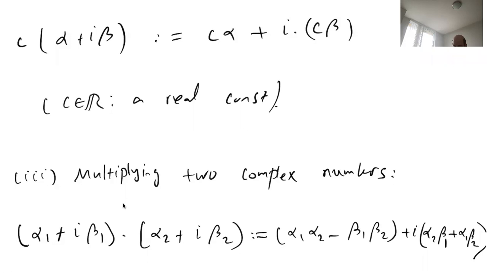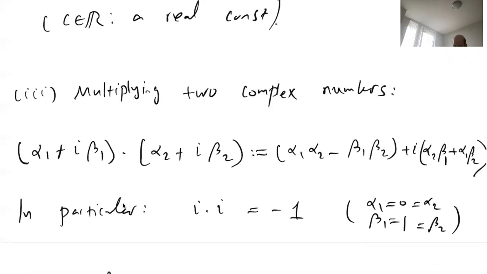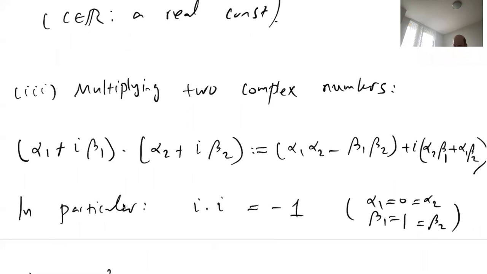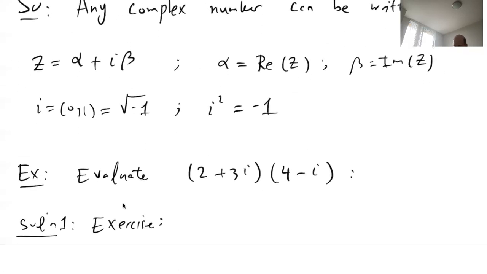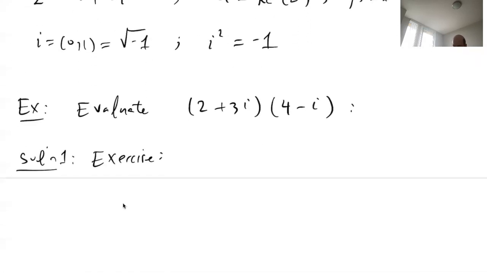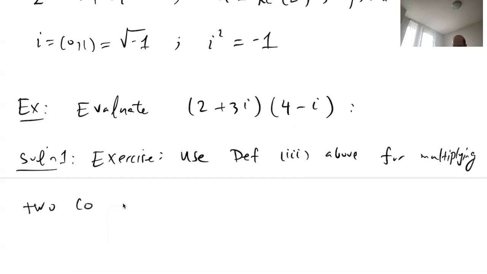Here we provided a recipe to calculate alpha 1 plus i beta 1 times alpha 2 plus i beta 2, with alpha 1, alpha 2, beta 1, and beta 2. So let me leave this as an exercise: use formula or definition 3 above for multiplying two complex numbers.